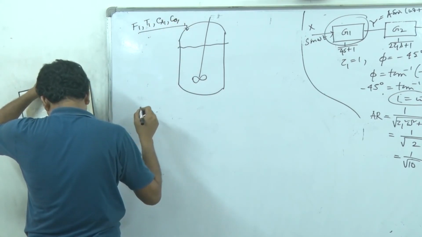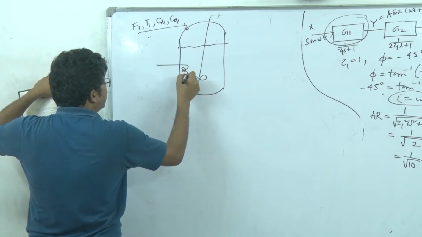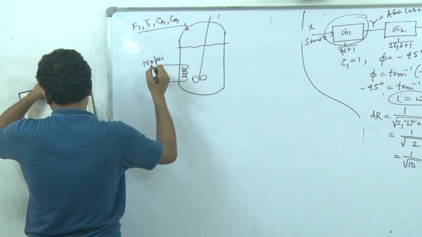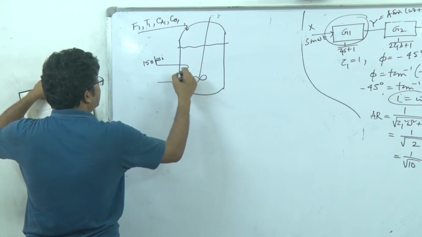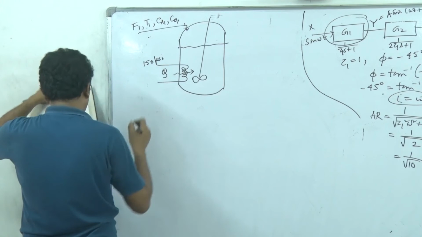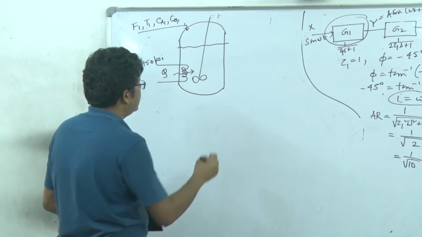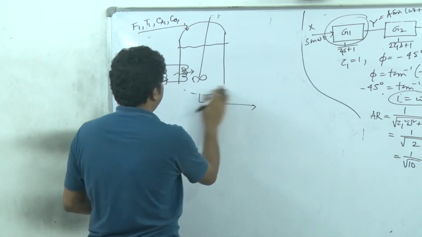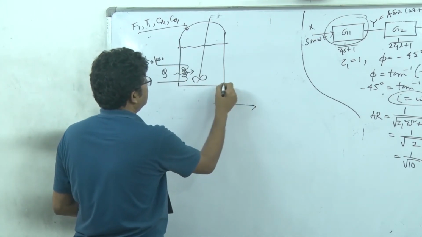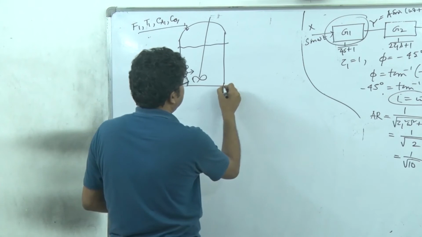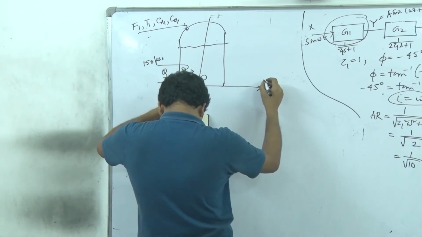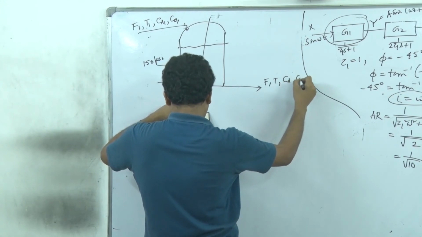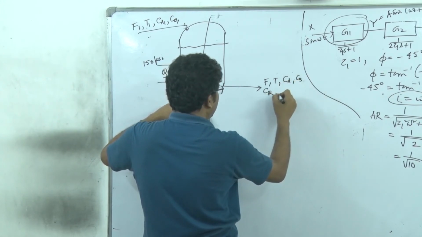Here we have a coil where 150 psi steam is circulated and it gives heat Q to the system. The output, from a flat bottom, is F, T, Ca, Cb, Cr.